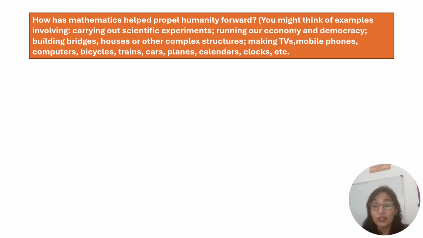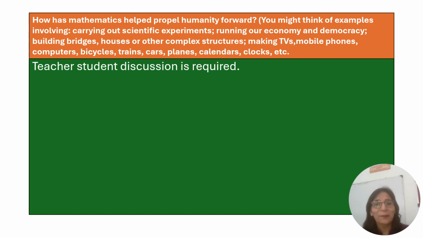Even when we talk about TV, the digital world, online sessions, the mobile phones you use, computers, bicycles, trains, cars, planes, there are ample examples where mathematics plays a very important role. You can discuss this with your friends and teachers, and I'm very sure there will be ample things you can come across.